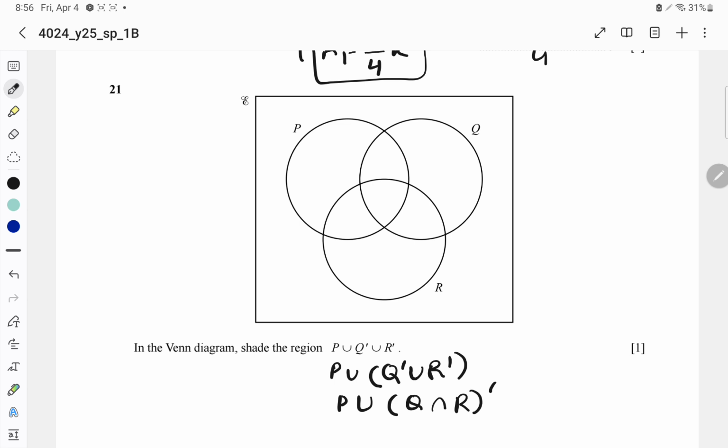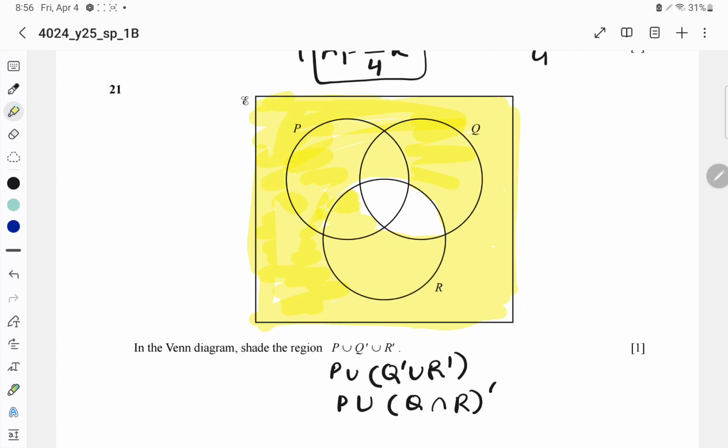So if I check Q intersection R whole complement, it's the whole thing except Q intersection R, which I'm not shading. I'm only doing Q intersection R whole complement, meaning no Q and R common part.